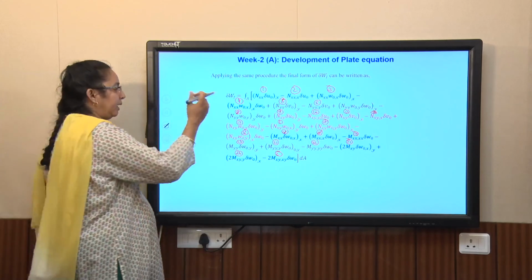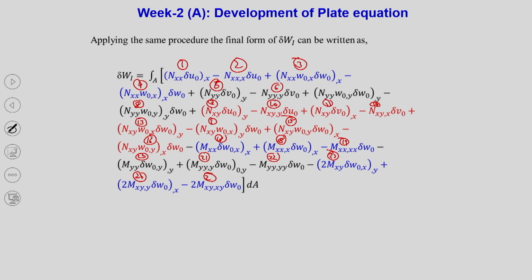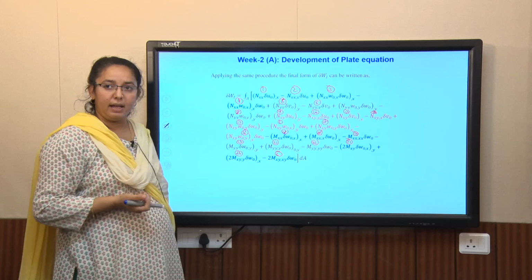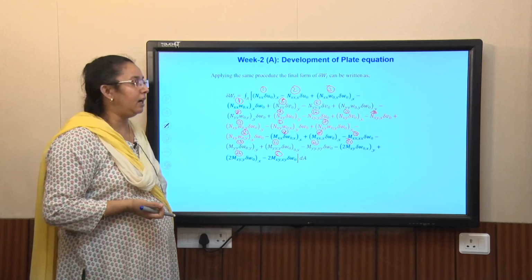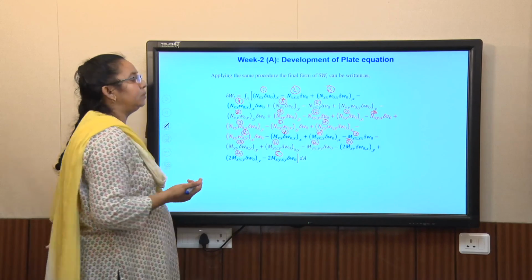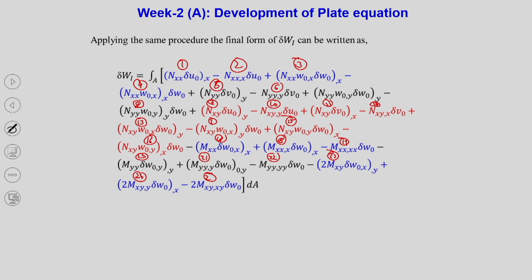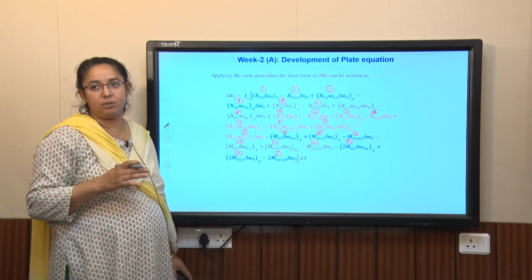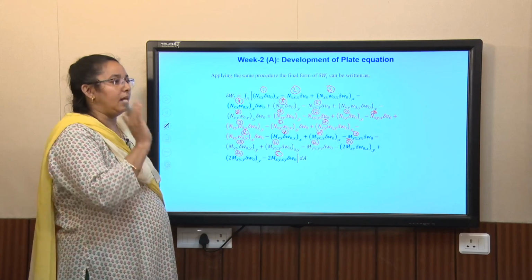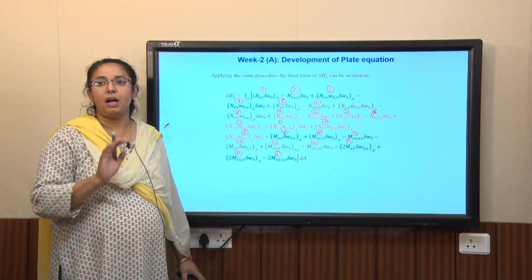Out of these 25 terms, some will go to the area integral and some of them will go to the boundary integral. So, it is very important if you are developing a theory. At this stage you mark all these things, how many terms, and you have to rearrange those terms, some terms under the area and some terms under the boundary.